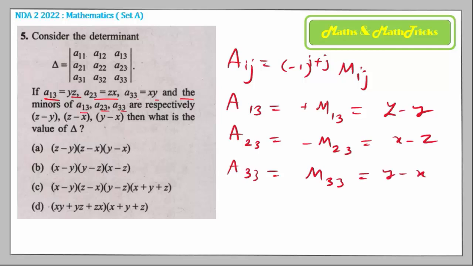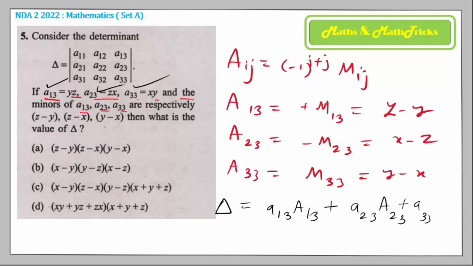And you know the definition of the determinant of a matrix: it is the sum of the products of the elements with their corresponding cofactors. Now we know the elements and their corresponding cofactors. So therefore the delta we can write as small A13 capital A13 plus small A23 capital A23 plus small A33 capital A33.